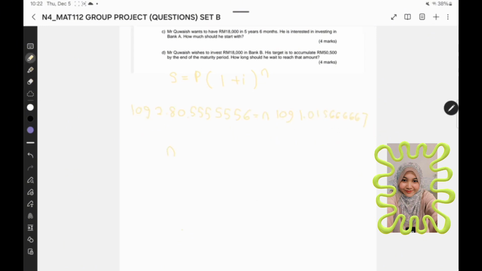So the value of n is log 2.80555556 divided by log 1.0156667. After we press the calculator, the answer of n will be 66. So the final answer is 66.